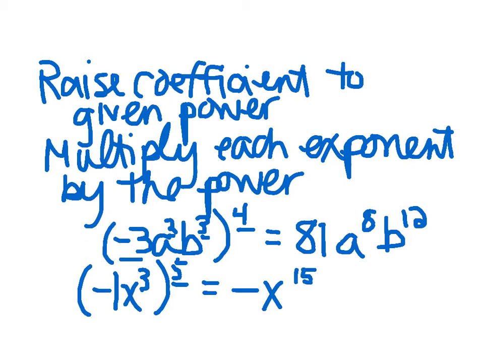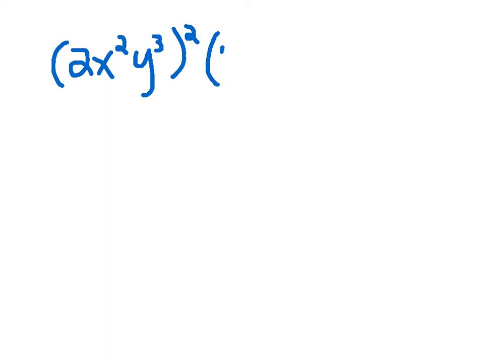Now, one of the things, as I've been saying, is that each of these operations is really simple if you're only worried about one at a time. It does get a little bit more confusing when you have to mix them up. Some of tonight's homework does exactly that. Like it might say (2x²y³)² times 5x³y.